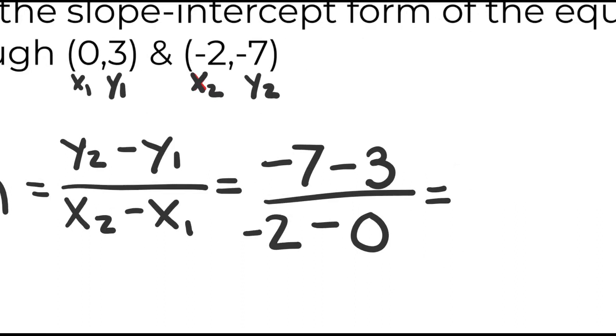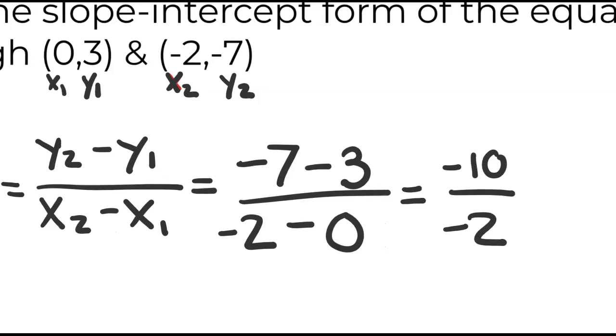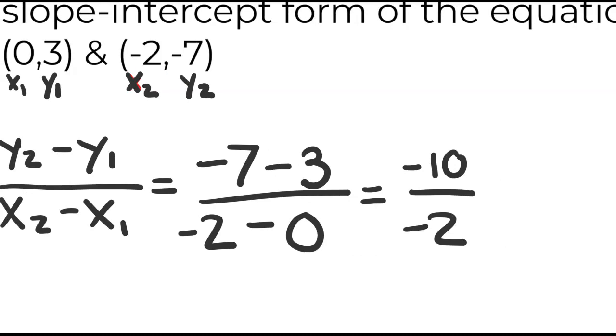So we take -7 minus 3, we get -10. We take -2 minus 0, we're left with -2. What's -10 divided by -2? 5. So we have a slope of +5.